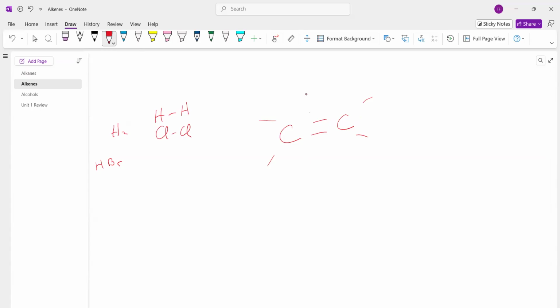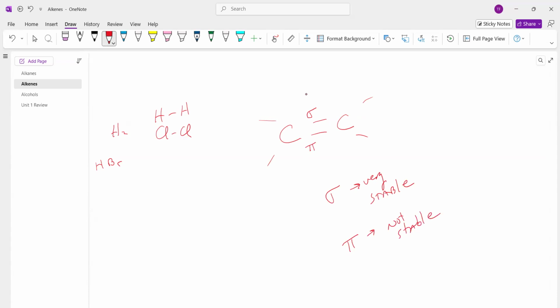The name of one of the bonds is sigma, and the other is pi. So we have a pi bond and a sigma bond. Pi bonds are not stable.